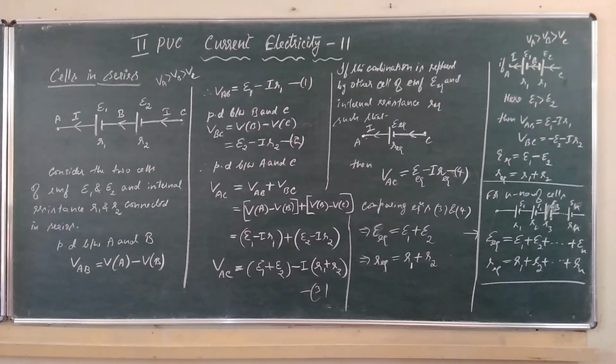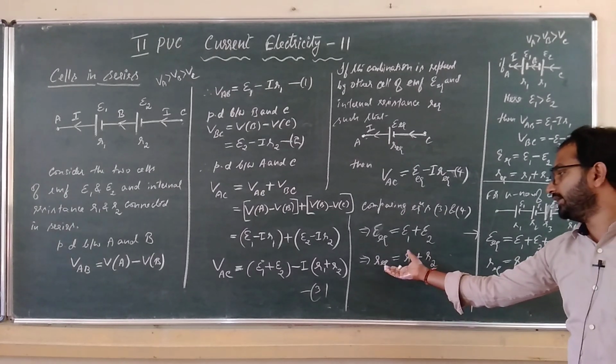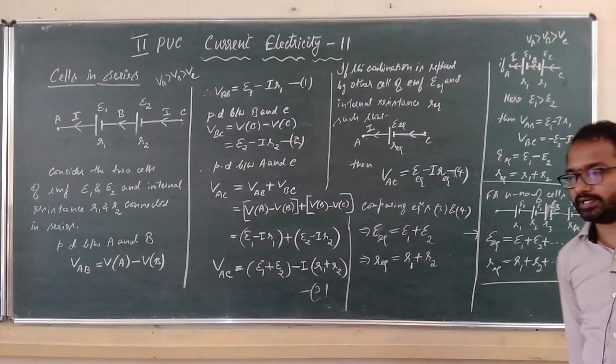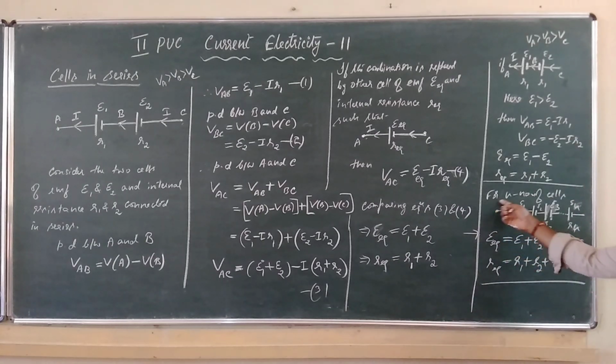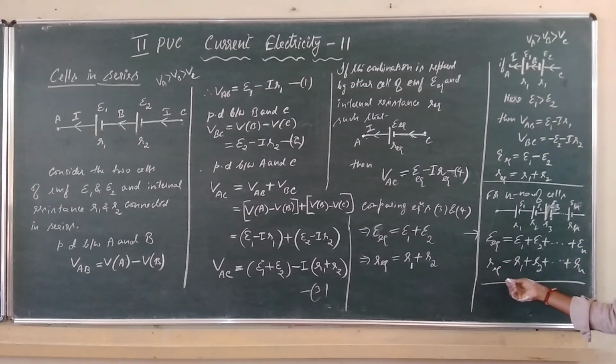First you have to derive the equivalent EMF of two cells connected in series, and the equivalent internal resistance of the two cells connected in series, and then write the general expression for n number of cells connected in series such that the negative terminal of one cell is connected to the positive terminal of the other cell. Then the equivalent EMF is E1 plus E2 plus up to En, and R equivalent is R1 plus R2 plus up to Rn.